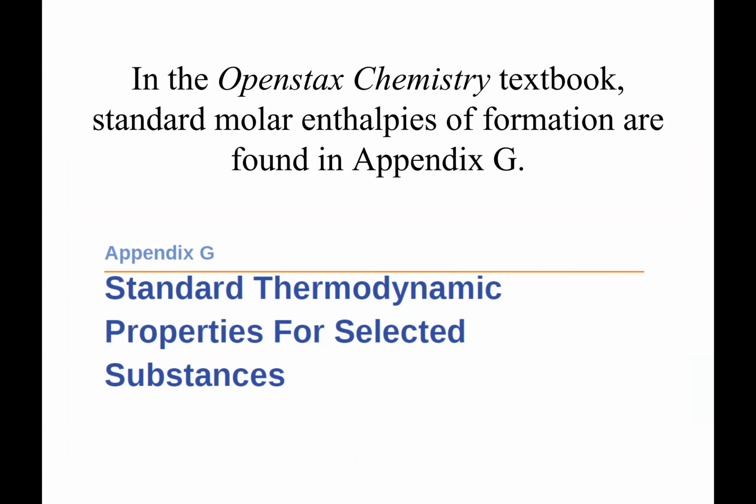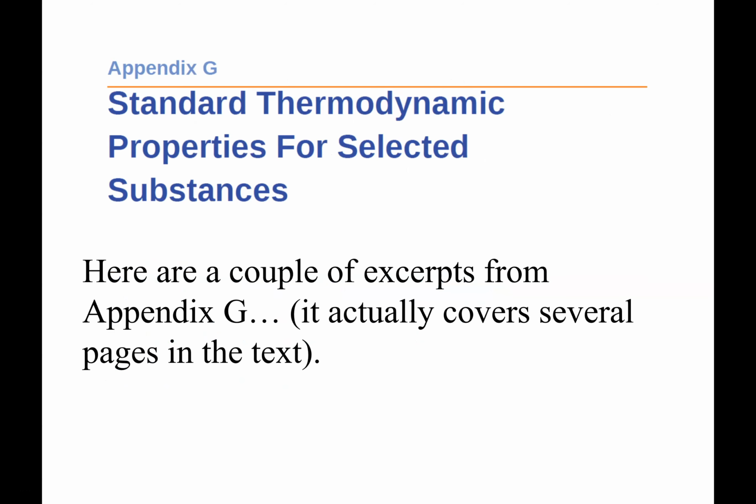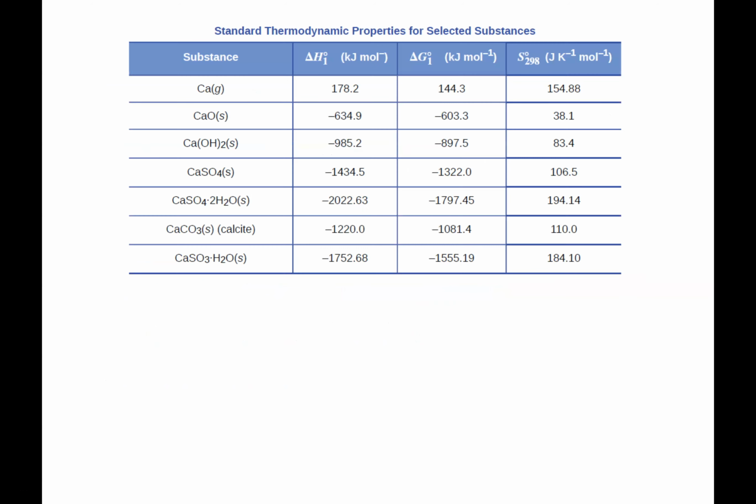I also have a few screenshots of what you'd find in the OpenStax book. This is Appendix G. It's organized by element, and I don't see the word calcium up here, but it should be. These are all calcium-containing compounds. Right now we are just dealing with this first column. The other 2 columns, other thermodynamic properties, we cover in Gen Chem 2.